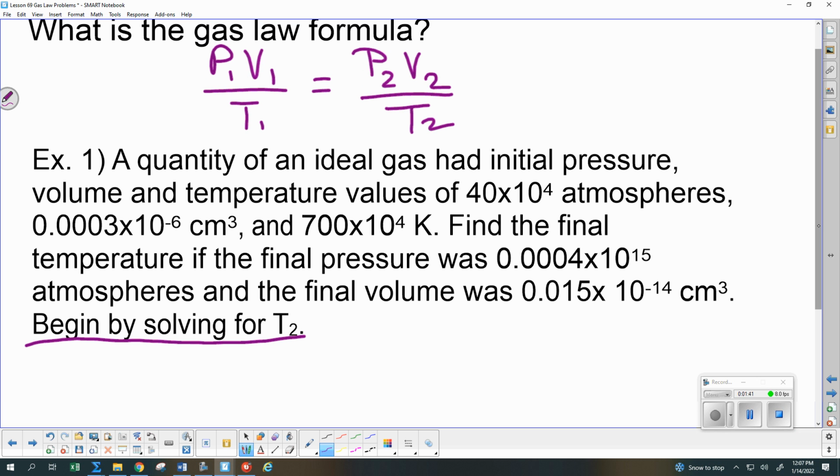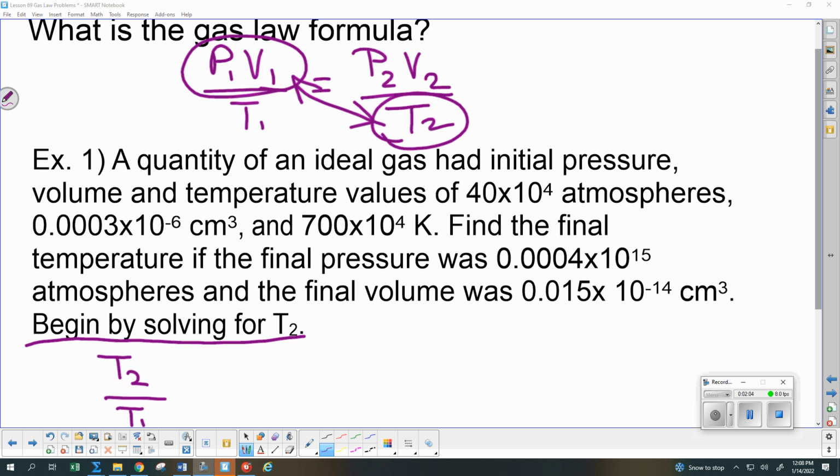Because T2 is in a denominator, first step is I am going to switch it along a diagonal with that other numerator. All right, so first thing we're going to do is switch along that diagonal. So now I have T2 in this numerator, and I'll worry about the T1 in a minute.